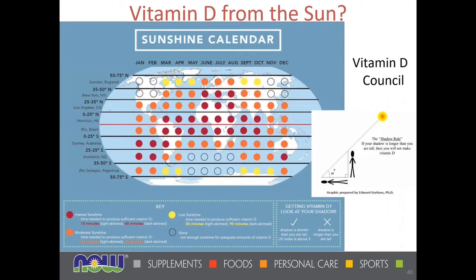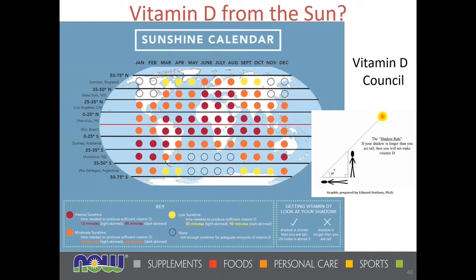This sunshine calculator from the Vitamin D Council shows you, if you find your position on the map and you look across at the horizontal line, if you see the reddish circles, that's when you can make the most vitamin D in those months.